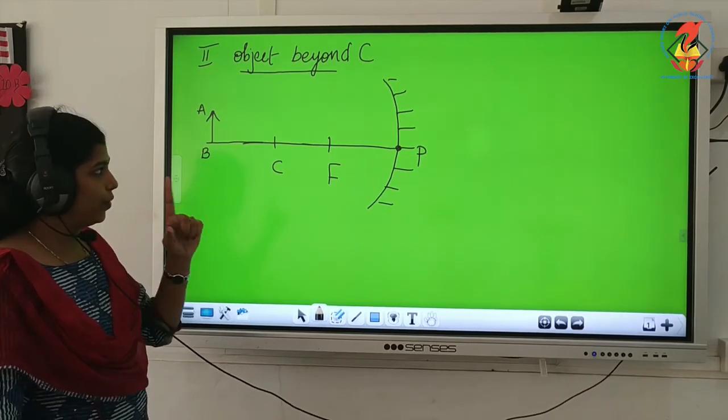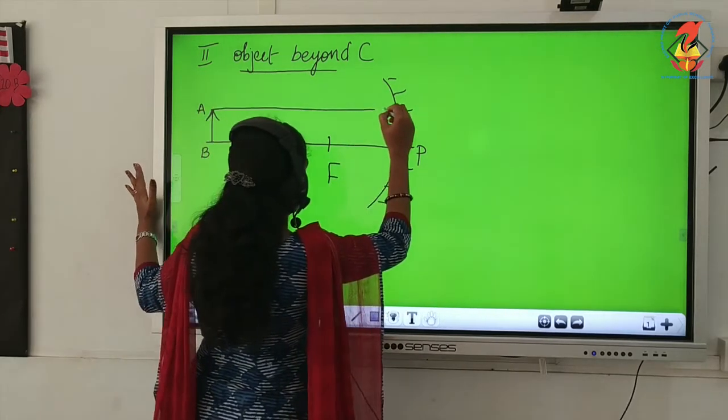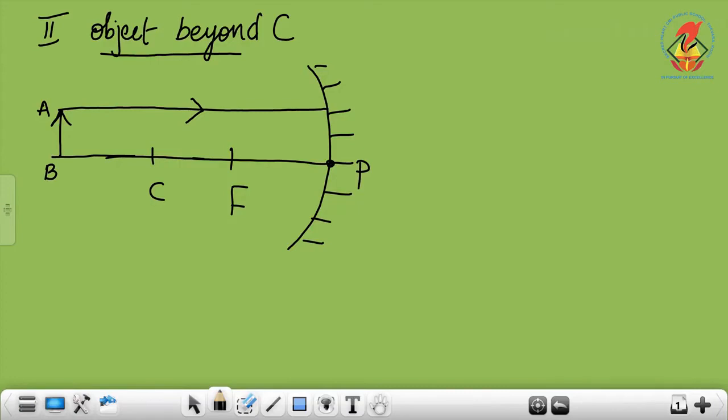So, first rule: a ray of light parallel to the principal axis, after reflection, will pass through the principal focus.